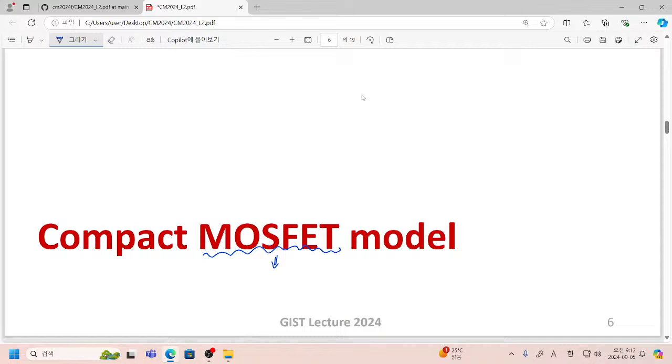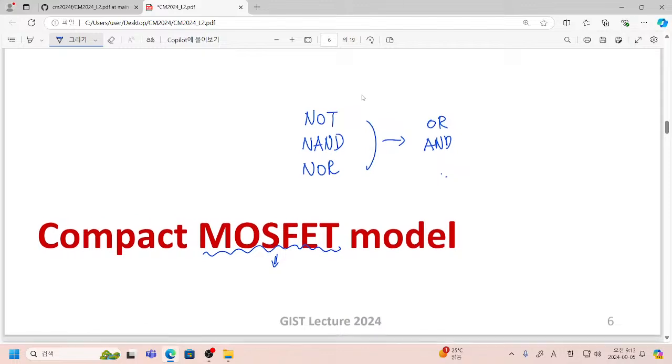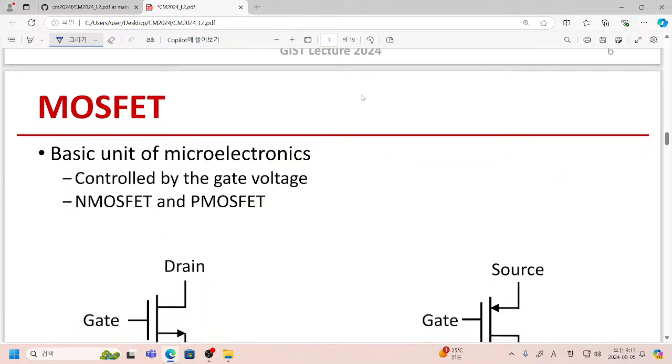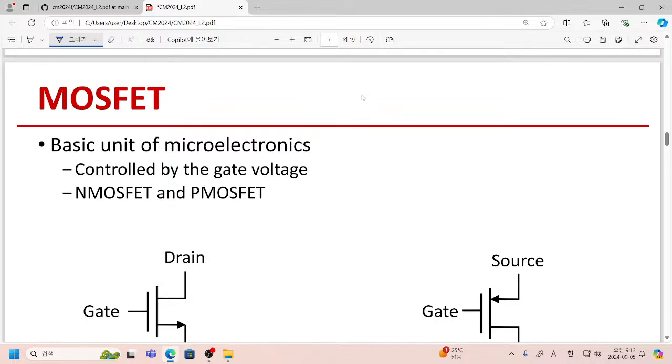By combining those logical gates, meaning inverter or NAND or NOR or other things like OR and more complicated ones, we can build the complete combinational logic system. Okay, so this is today's main lecture. Start from what is the MOSFET.